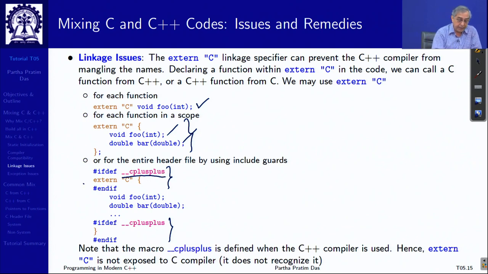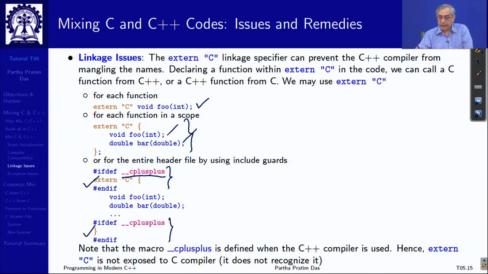So, if you are compiling as C++, this comes into effect in the entire scope, and you take cognizance of that, whereas if you are compiling as C, these are just skipped, because underscore C++ is not defined, and therefore, everything is treated as C and is not mangled anyway.